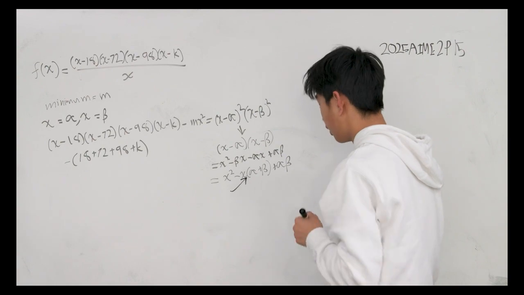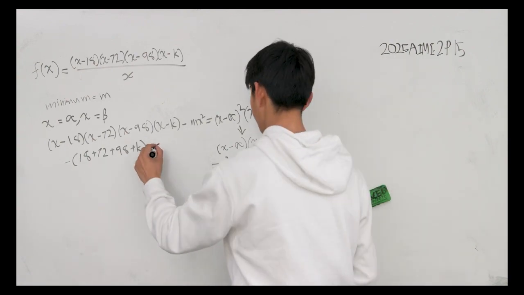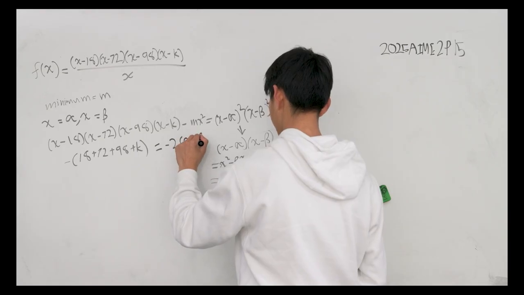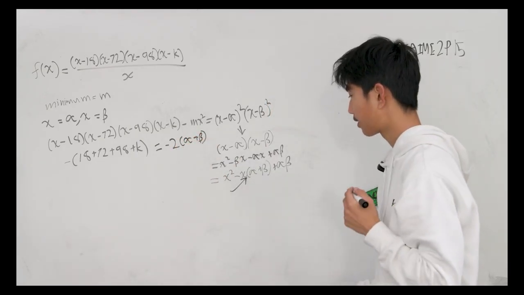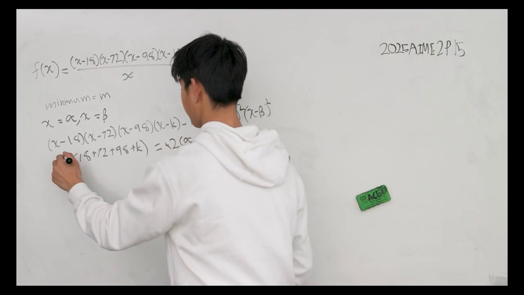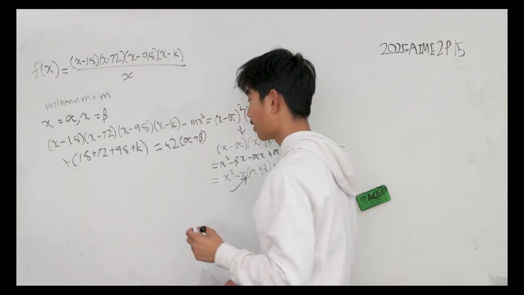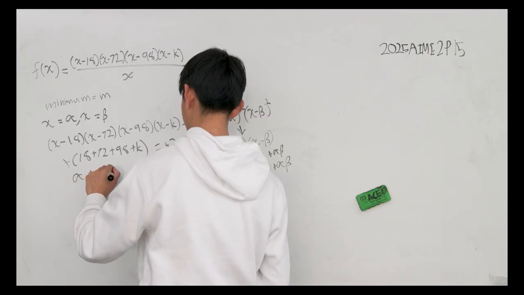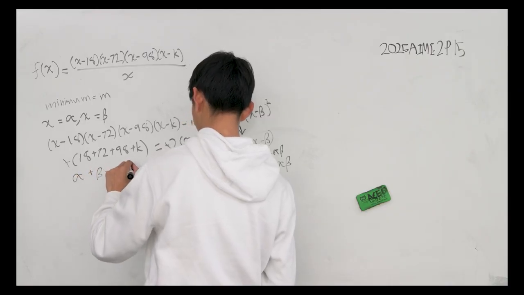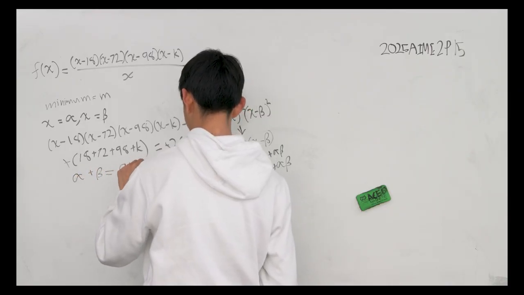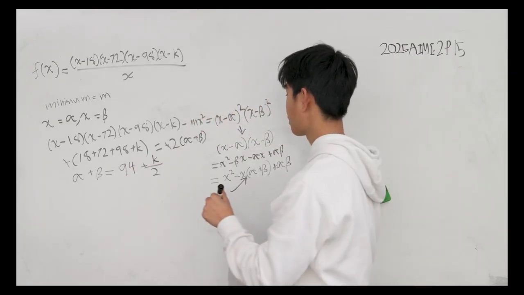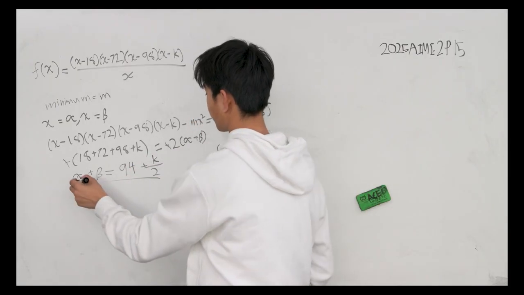And our coefficient is going to be negative 2 times (alpha plus beta). So we can cancel the negatives and say that the sum of the x values, alpha plus beta, is (94 + k) over 2.